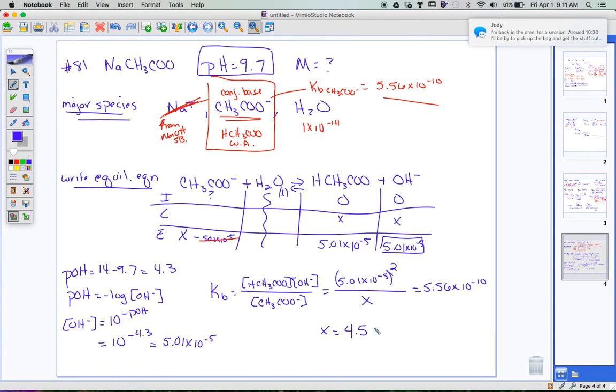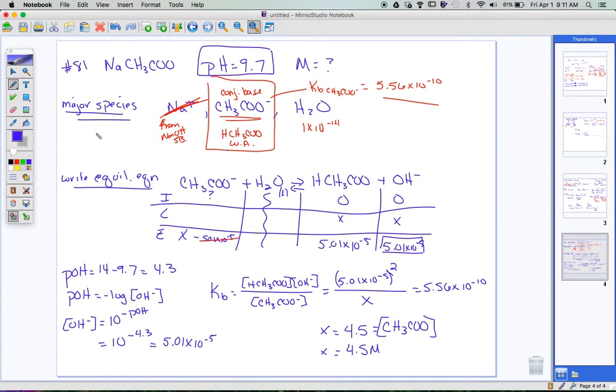Well, that is the acetate concentration. So that should say 4.5 molar. Okay, so hopefully you can go that way.